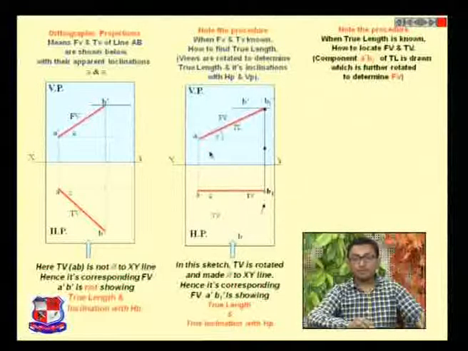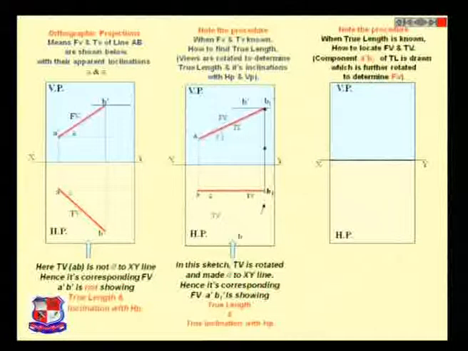Now what if we want to find out the true inclination with the vertical plane? We know the true length and we know how to look at the front view and top view. This is our true length and we have got the angle.